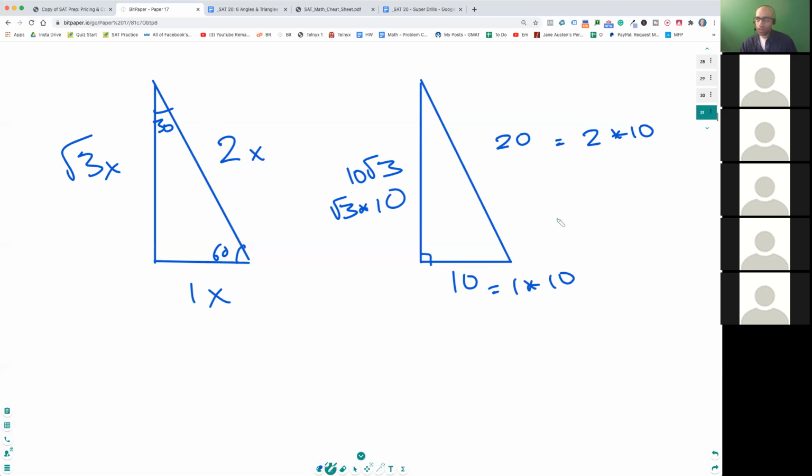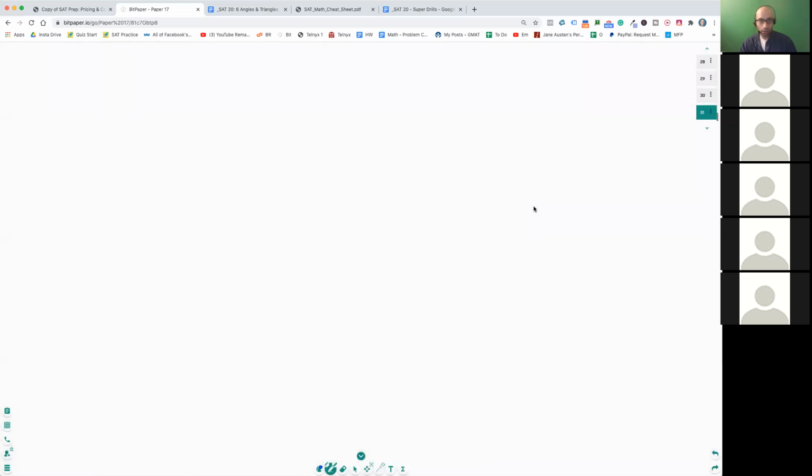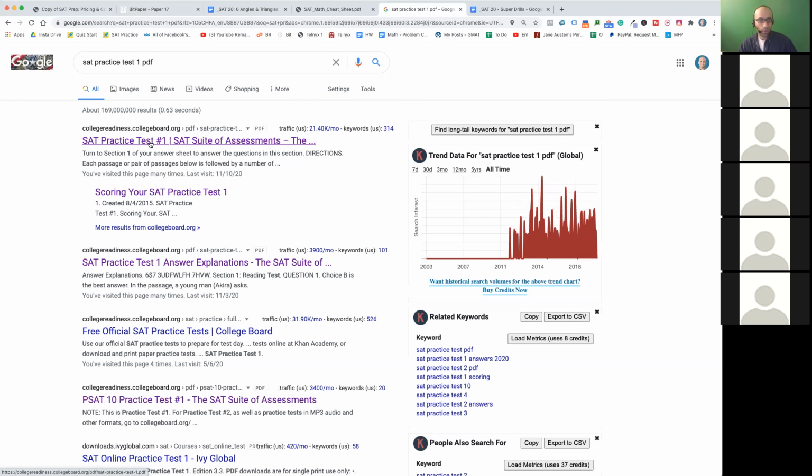Okay, so this is equal 30, 60, 90, a very important property, right? It's also given at the start of your SAT practice test or your SAT actual test. Okay, so let me just open this for you. But I would say you should memorize it, right? I think you should memorize it.